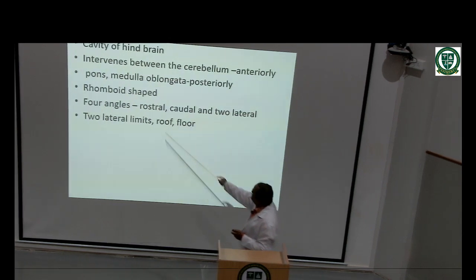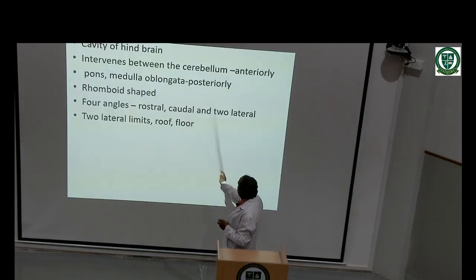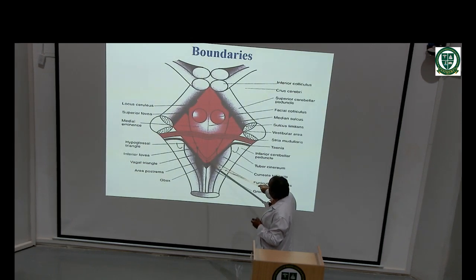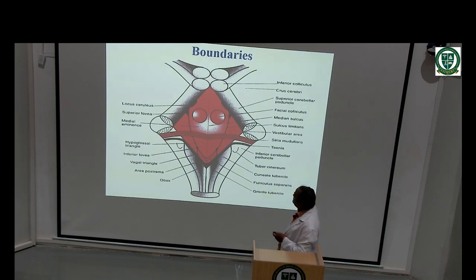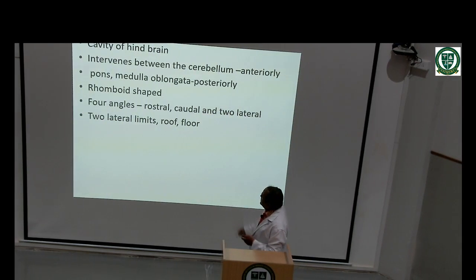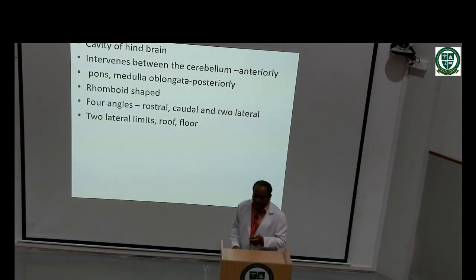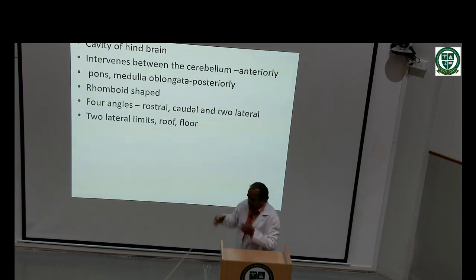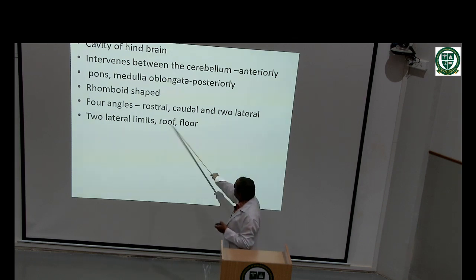What are these? Rostral angle, caudal angle, and 2 lateral angles. You can see here the rostral, caudal, and 2 lateral angles of the fourth ventricle. It has boundaries: 2 lateral boundaries, and roof and floor.